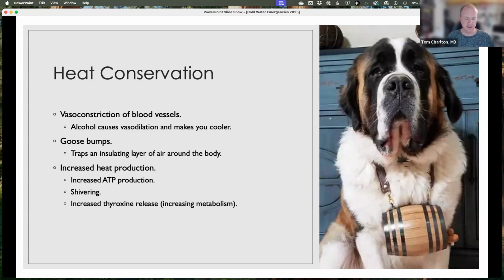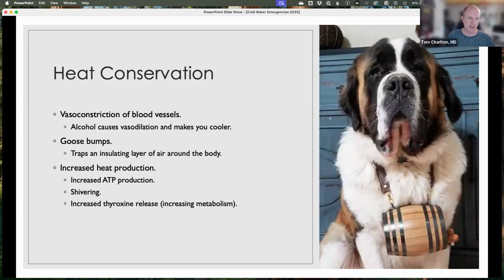So insulation works by trapping air that now can't move and prevents it from experiencing significant heat loss. Goosebumps are doing the exact same thing. Our hair stands on end, and that disrupts airflow so that hopefully more air sticks around next to our skin and provides some degree of insulation.